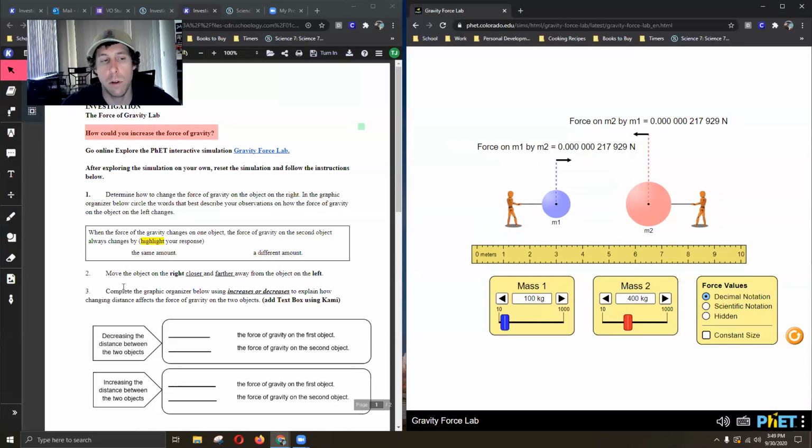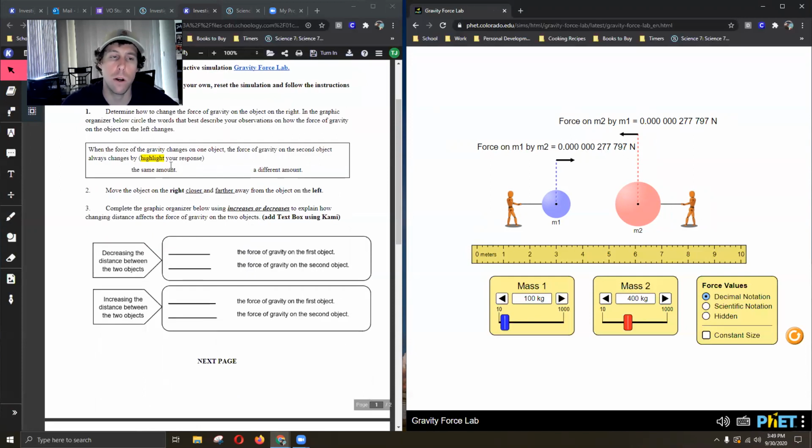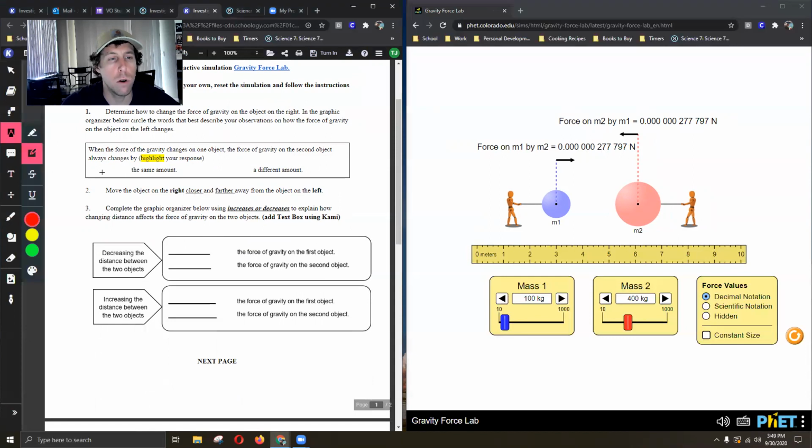The next thing we'll do is follow the instructions: move the object on the right closer and farther away from the object on the left. As we move this one around, we're trying to notice what happens to the values. What happens to the amount of force, how strong of a force. Now I want you to complete the graphic organizer below by using one of these two words, increase or decrease.